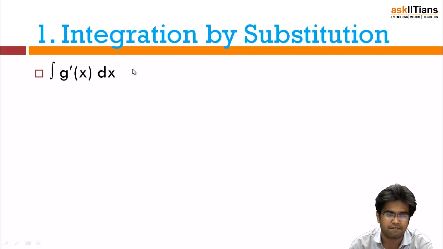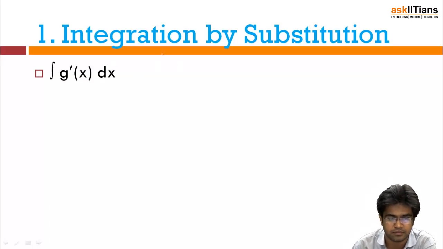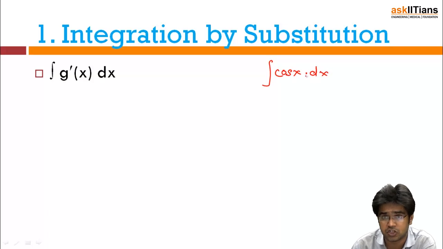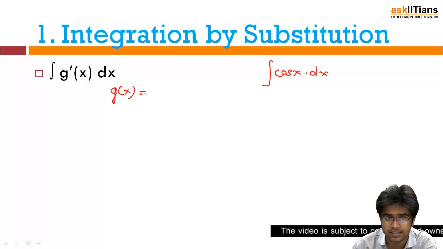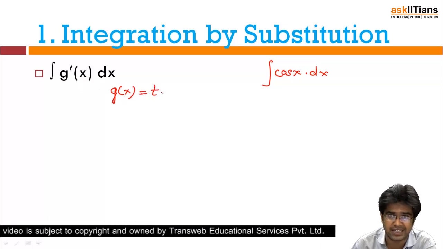Suppose that you have any function g's differentiation inside the integral. For example, let's say that I have cos x dx. Cos x is the differentiation of sin x, as you already know. What we are going to do is put g of x as t. I am going to substitute g(x) as t.